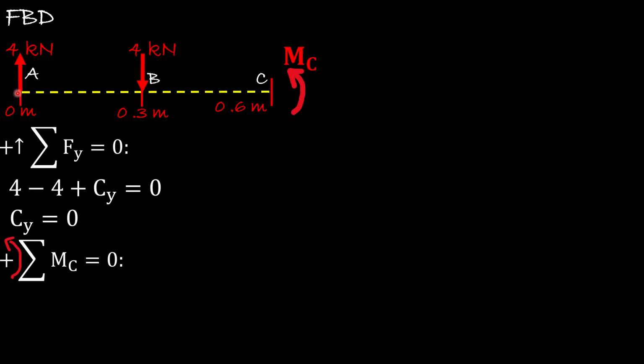Going all the way to the left, the 4 kilonewton times the perpendicular distance of 0.6 will cause the beam to rotate clockwise, which will be negative. And since we flip the force, this one times 0.3 meter away will give you positive. So that's what we're going to have here.